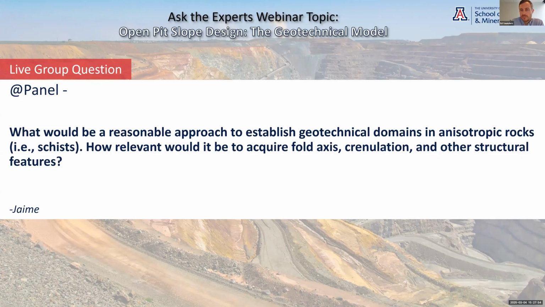Understand if that fold axis is your domain boundary, and then start looking at patterns in 3D. If you find that you're doing too much interpretation too early, you lose sight of the actual change in patterns as you move through the anisotropy changes, etc. So it's bringing everything into 3D and seeing changes of patterns as you move through the deposit.